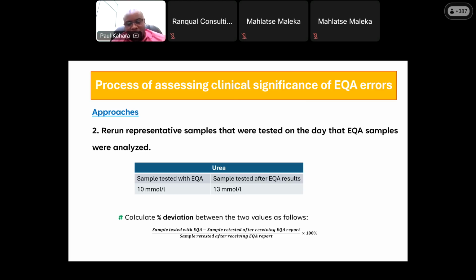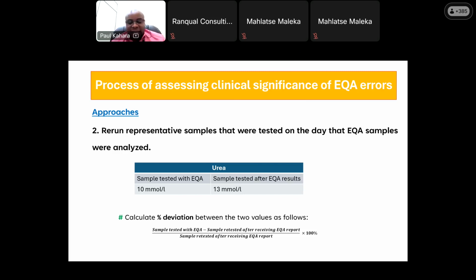Probably in a laboratory you run 50 samples in a day, and among those samples, you also run your EQA. Now, you need to confirm to any assessor checking your quality system whether on that particular day, when your EQA failed, your patient samples were also affected. So you rerun a sample. Probably that time you reported it as 10, but today, after doing your corrections of the equipment, you are getting 13.